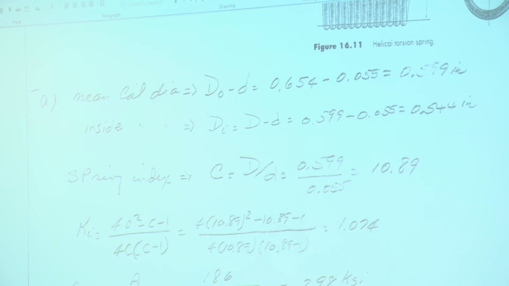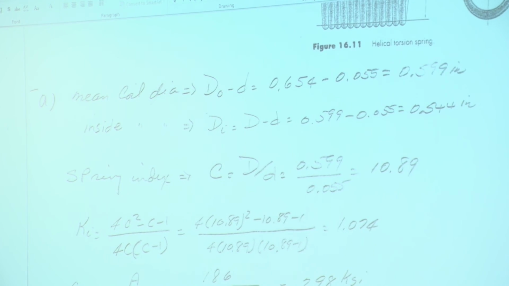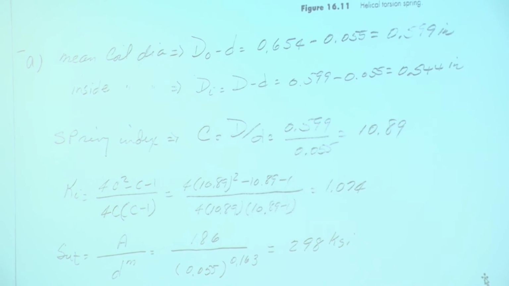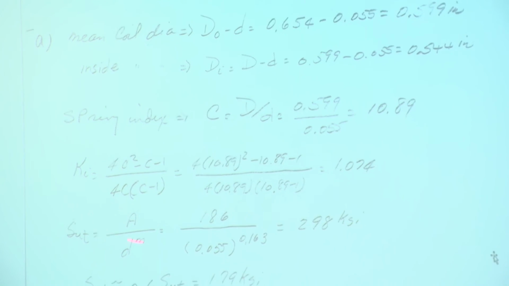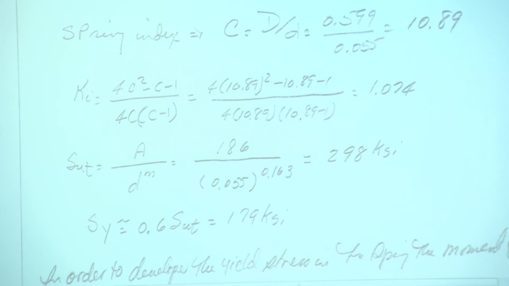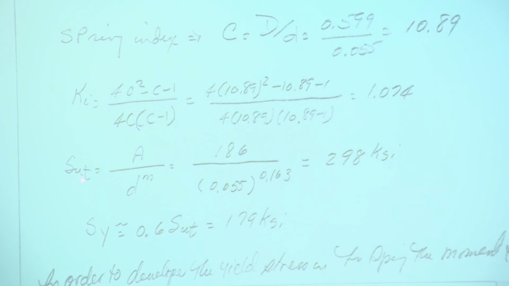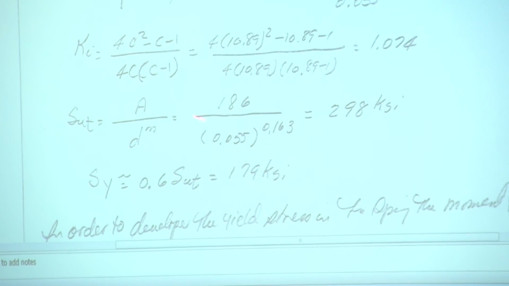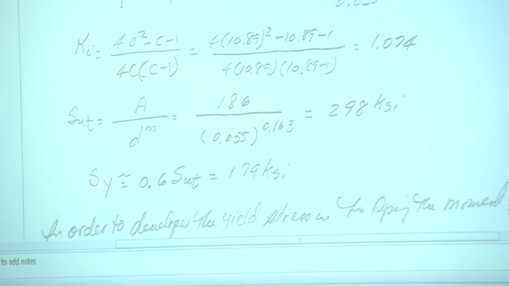That's the value of C. We use that in the equation for Ki, which I have now erased, but that's the equation for the stress concentration due to curvature, 1.074. Tensile strength, as before, these values are in the table, and I'm taking Sy equal to 0.6 of SUT.